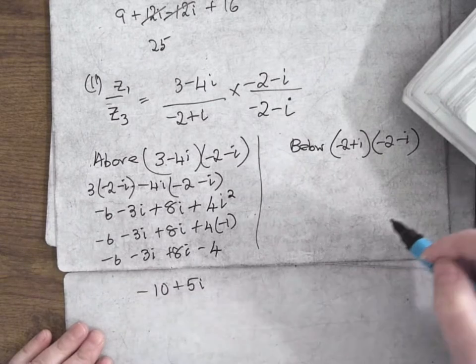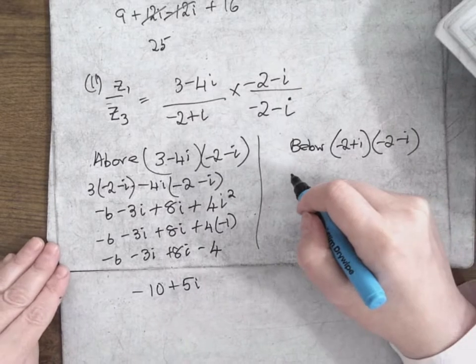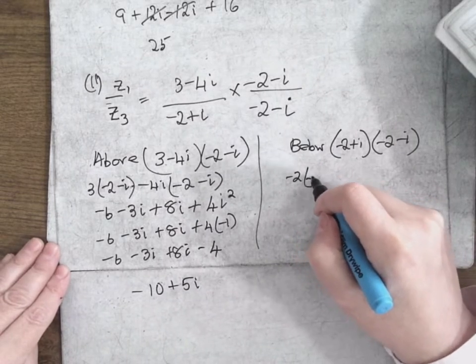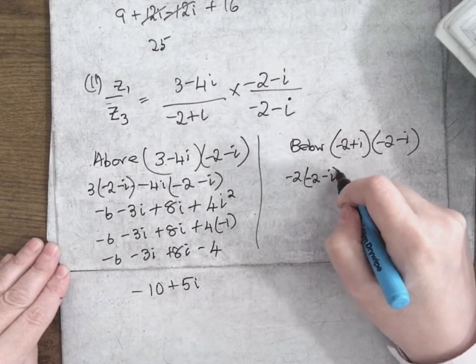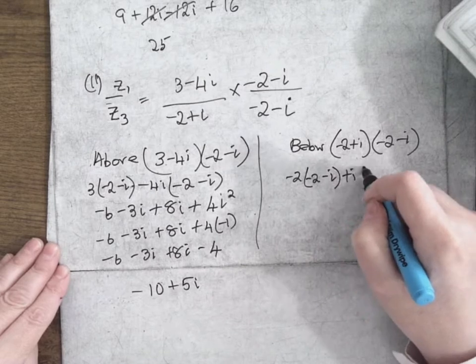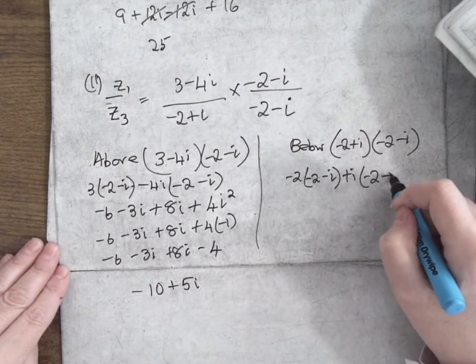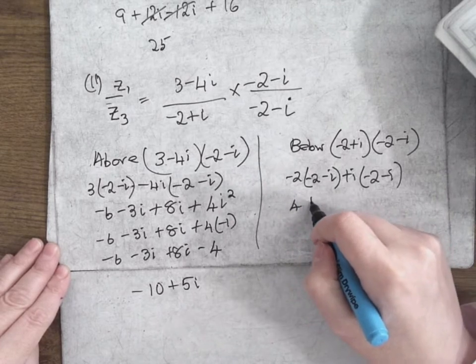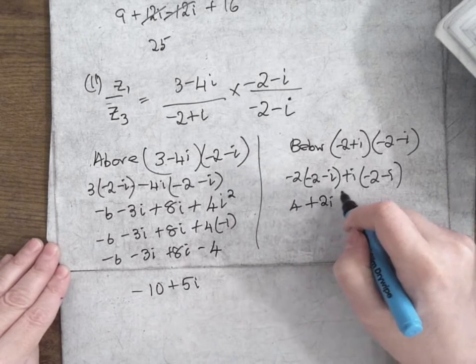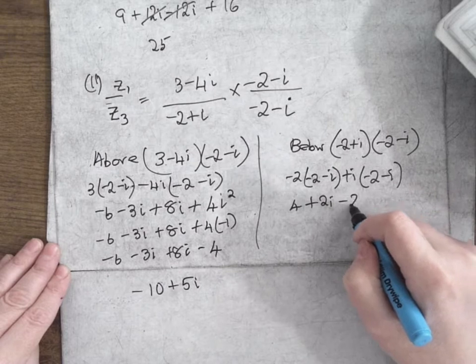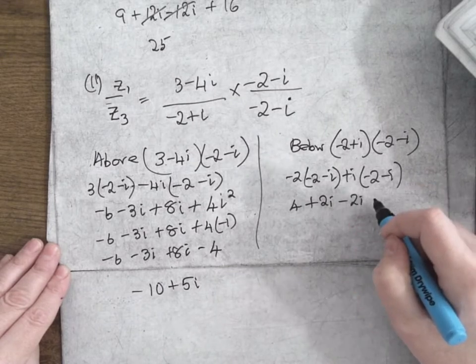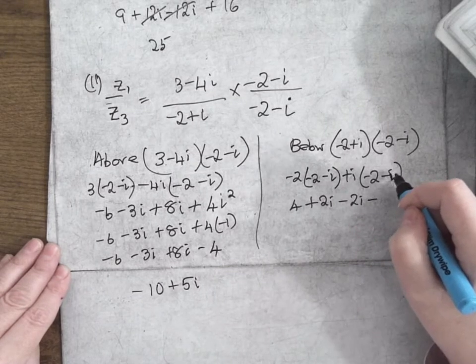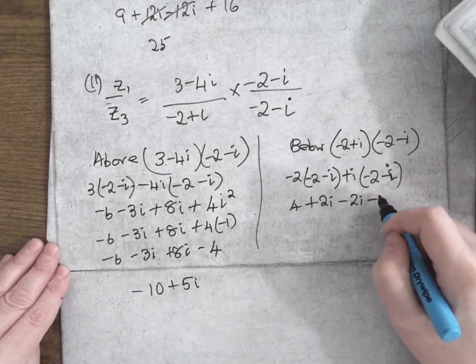Okay? Below the line, it's minus 2 times minus 2 minus i plus i times minus 2 minus i, and off we go again. That's plus 4, that's plus 2i. Here it would be minus 2i, and plus by a minus is a minus. i by i is i squared.